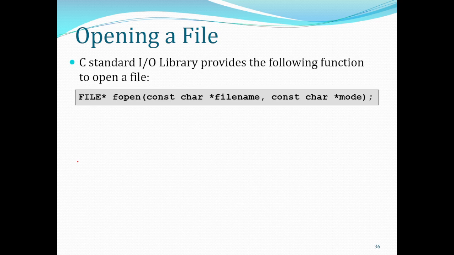Let's open a file. With an ANSI C program, we are using the open function. The open function format looks like this. We are giving the file name, which is the character string or the address of the file, and then the mode, if you want to read, write, or append.